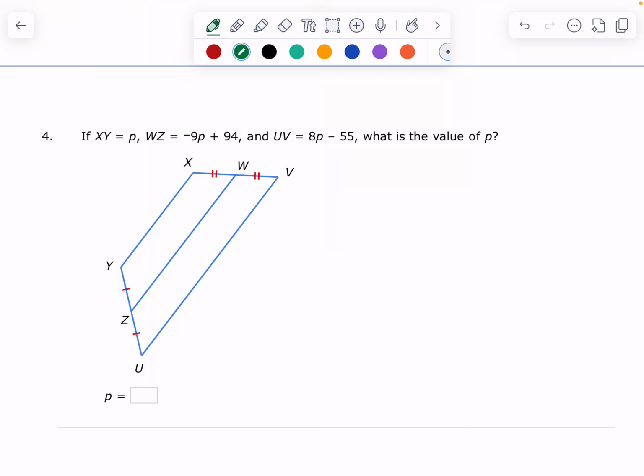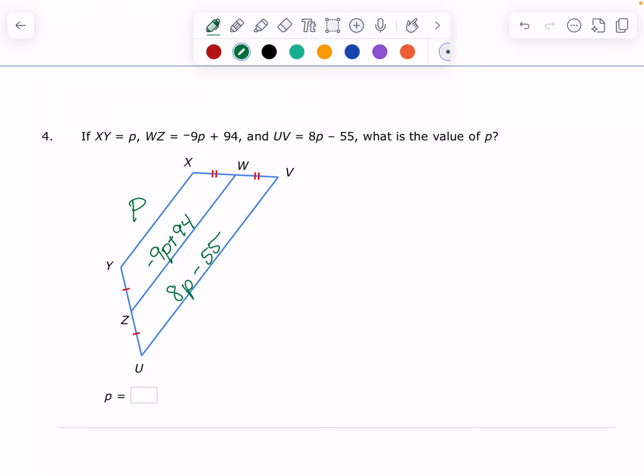Says if xy is p, wz is negative 9p plus 94, and uv is 8p subtract 55, then we are going to find the average of those.